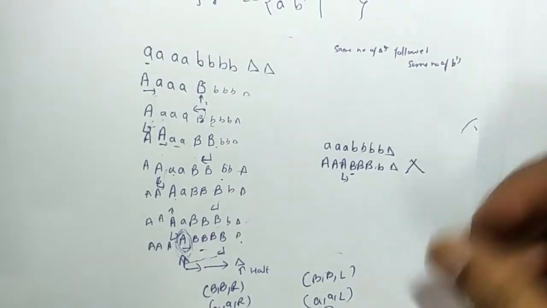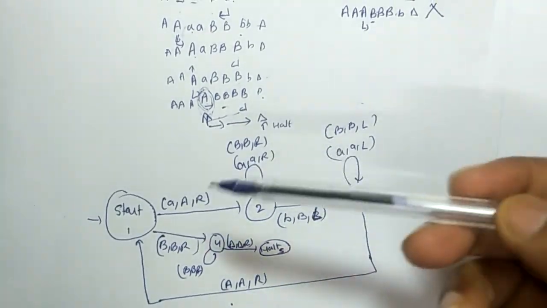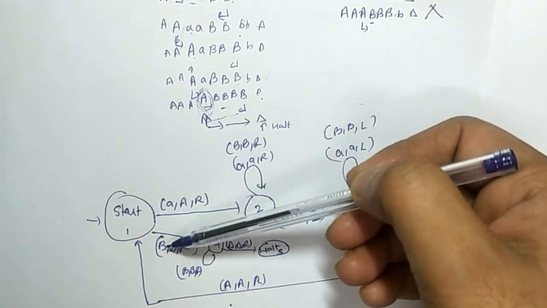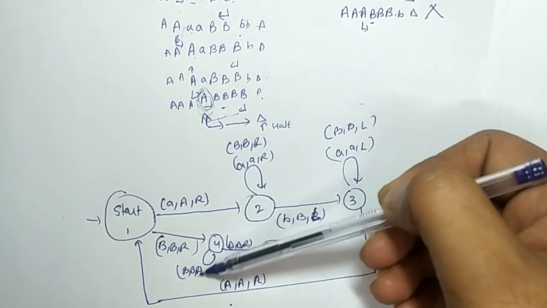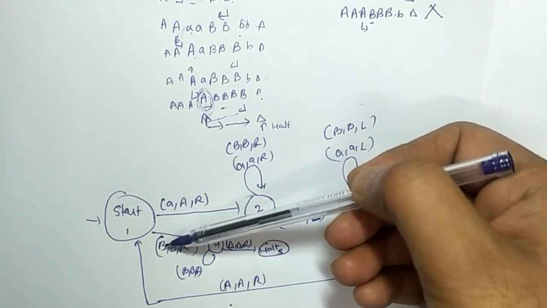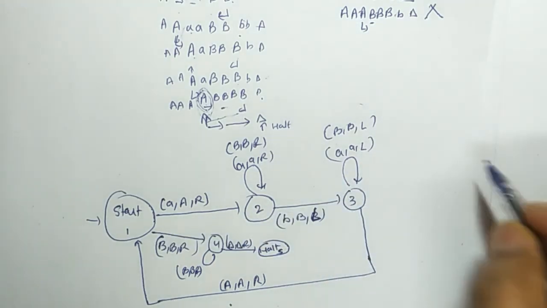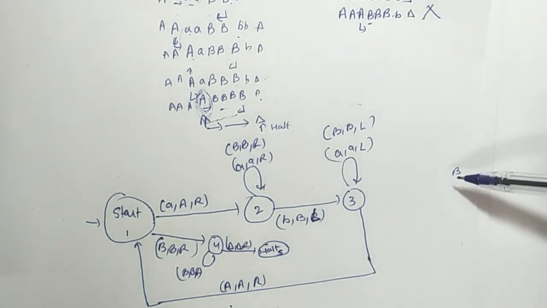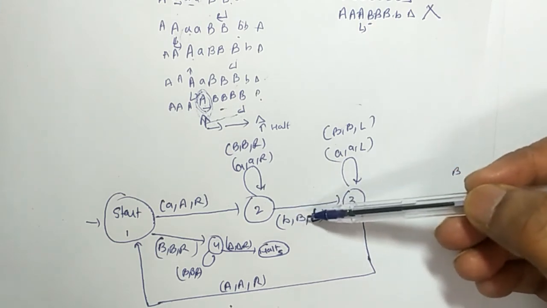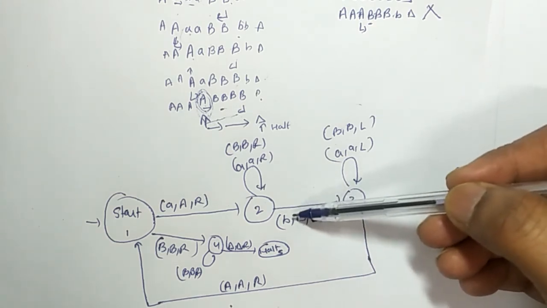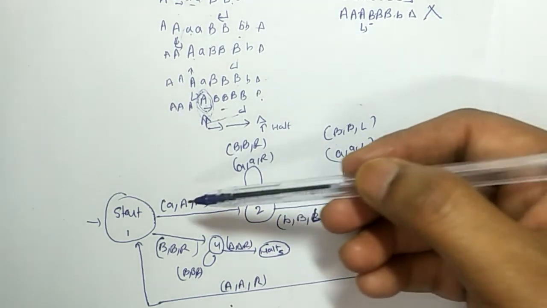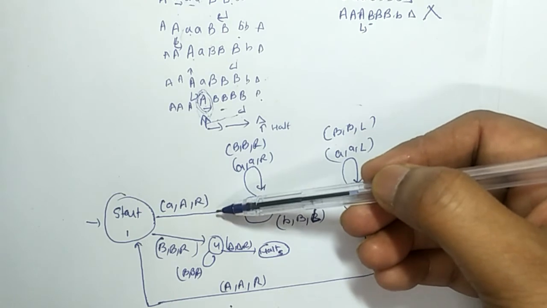So what will be the condition here? Here you will see that from start to halt you need at least one capital B. There may be more than one, but there must be one capital B. And getting one capital B means that you have changed some small b to capital B. Otherwise you will not get capital B. You will get capital B only when you change some small b to capital B, and it means that you have already changed some small a to capital A also.